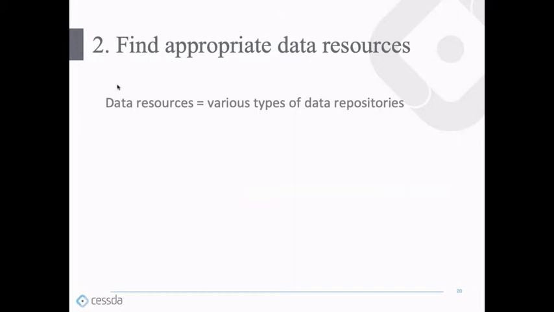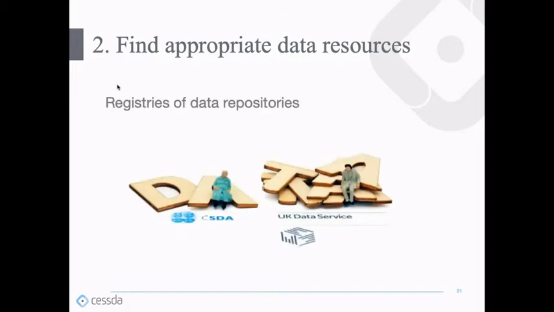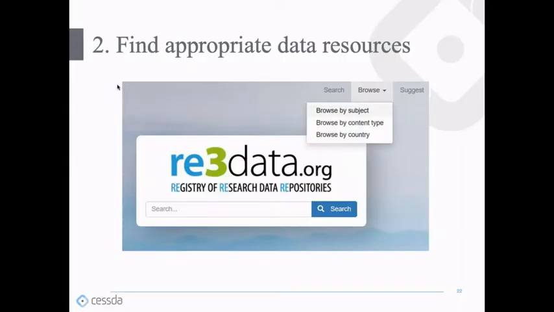The next step in the process is locating the right data resources. Such data resources are various types of data repositories, like websites of data archives, registries of data repositories, and other places where to find data. re3data.org lists over 2,000 data repositories from all research disciplines.